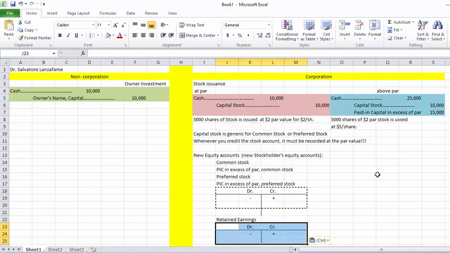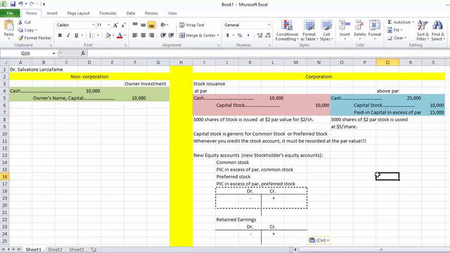So basically, what's happened here is that what we used to use to wear a couple of different hats, capital, we now have different accounts to handle what capital used to do. We used capital for an investment situation, and we also used capital in an earning situation when we did closing entries. And we're going to review that shortly.